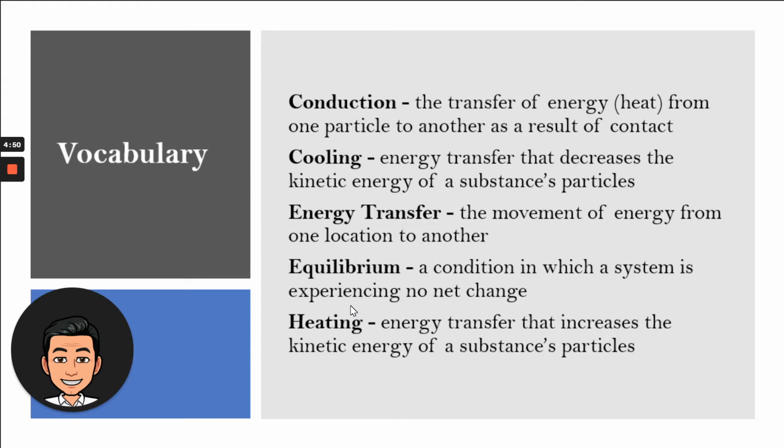So once those particles, the cold and the warm, mix, and they all hit and have the same kinetic energy, and the temperature is now the same in the room, we have come to an equilibrium, a condition in which a system, like our room, is experiencing no net change. And what that means is the kinetic energy isn't going up or down. We aren't getting hotter or colder. On Thursday and Friday, we'll look into this more.